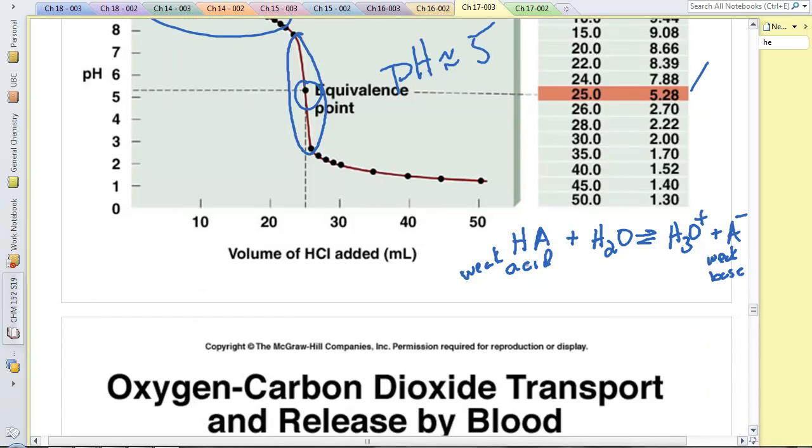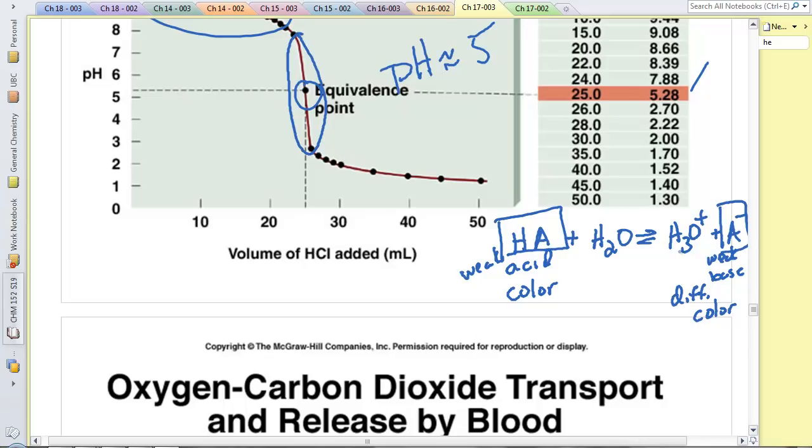The cool thing about an indicator is the acid part of the indicator has a certain color, and the base part of the indicator has a different color. Okay, so typically when the solution is acidic, you'll have the acid color, and when it becomes basic, you'll have the base color. Now, it will depend on the strength of the acid compared to the strength of the base.